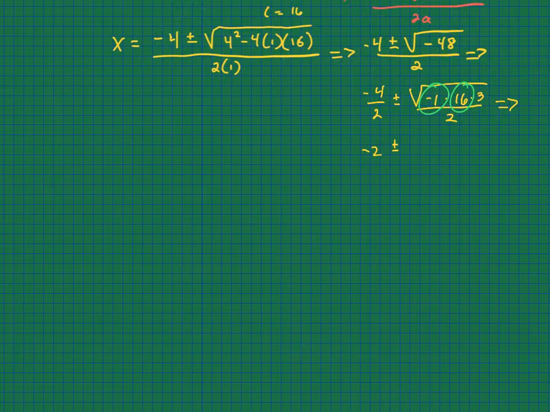So if we rewrite that accordingly, we have 4i with the square root of 3 remaining, all of that over 2. These two things are going to simplify down. So I am going to have 2 plus or minus 2i square root of 3. There you have it. That's your x equals.